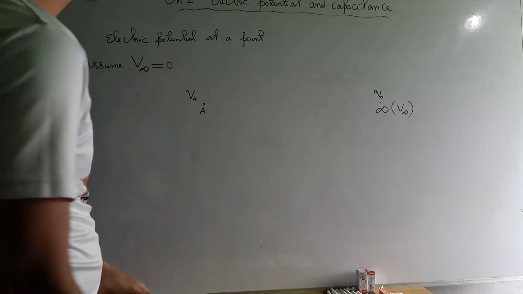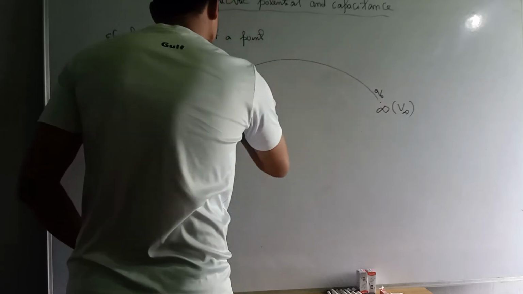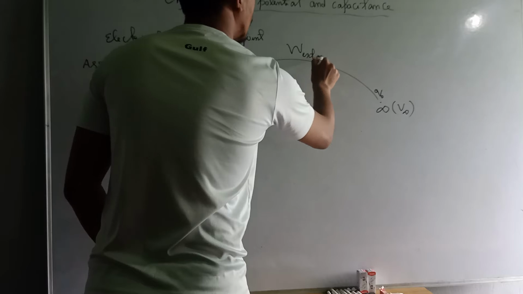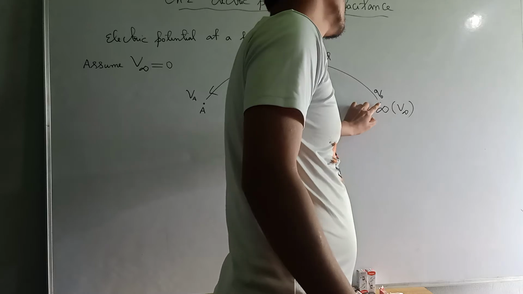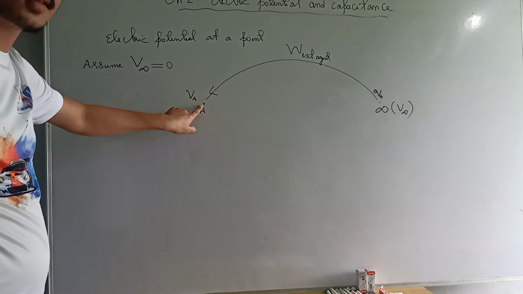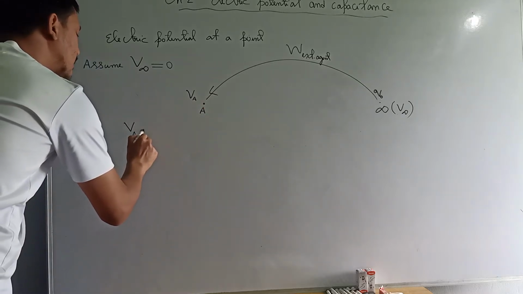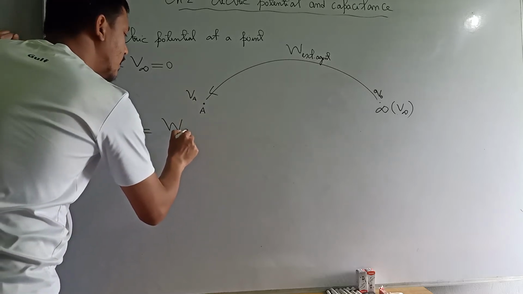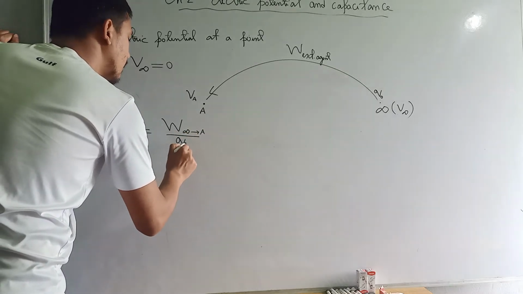So, electric potential at a point is defined as the work done by the external agent in bringing this test charge from infinity to that particular point A. It means electric potential at a point is defined as work done by the external agent in bringing it from infinity to A per unit test charge.